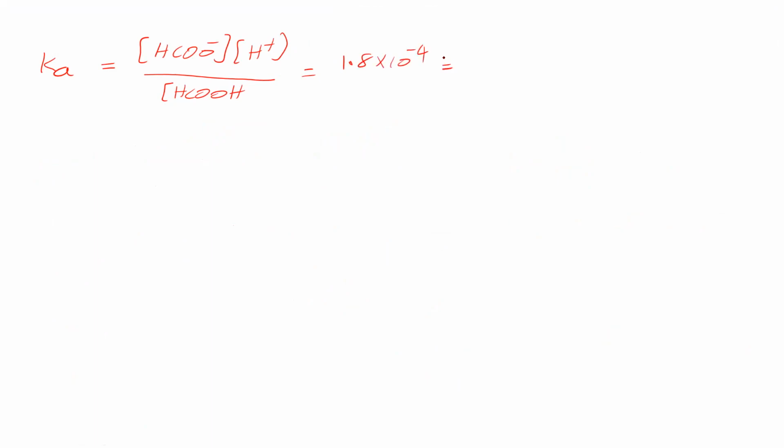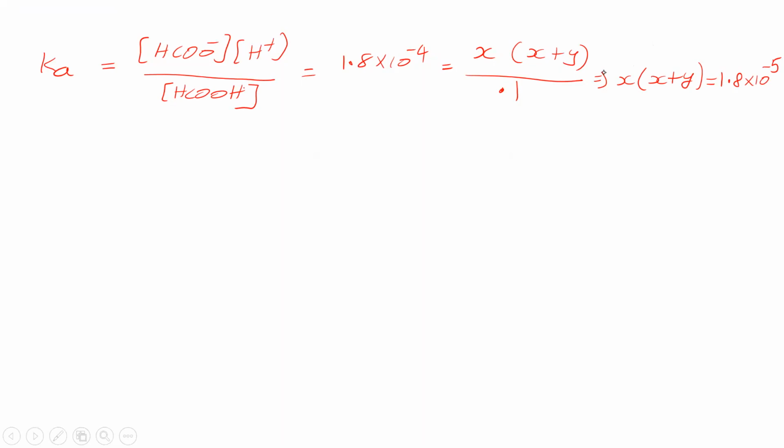Formate ion concentration is X, H plus concentration is X plus Y, and formic acid concentration is 0.1. Therefore X into X plus Y is equal to 1.8 into 10 to the power of minus 5. This is one expression we got.